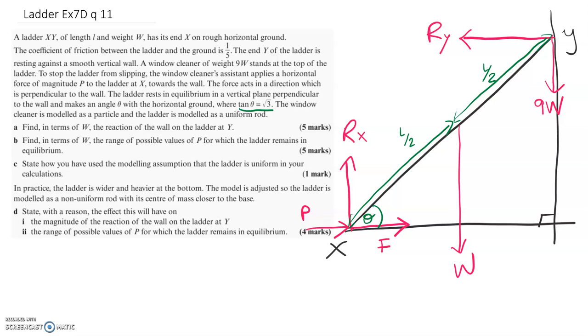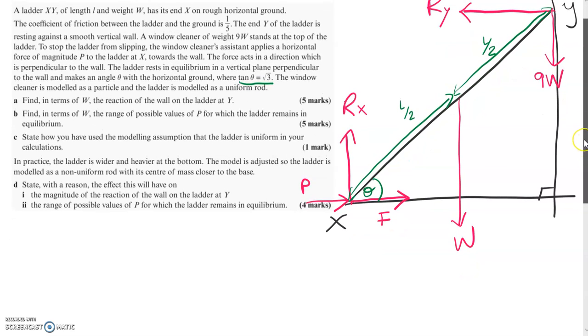Okay, so now we've labelled everything, let's answer the question. It says work out the reaction of the wall on the ladder at Y, so we need to work out Ry. I think the best thing to do is to take moments about X because then that will eliminate P, Rx and F from my equation.